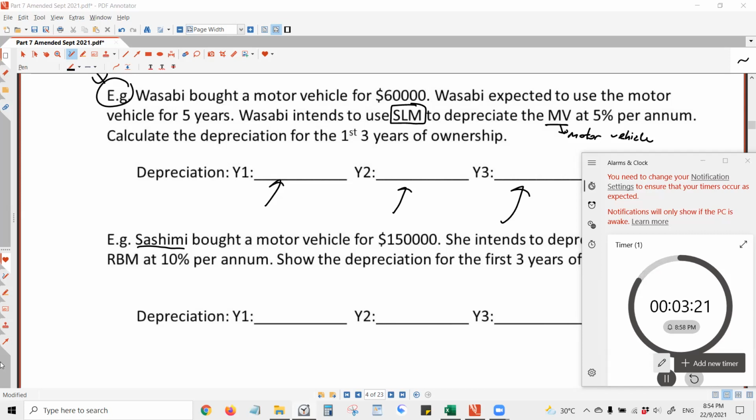3.5 minutes left. One of you has finished. You still have time. Think properly, then only you try to calculate.